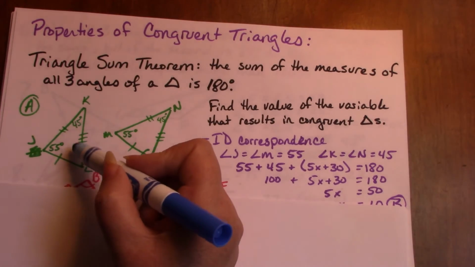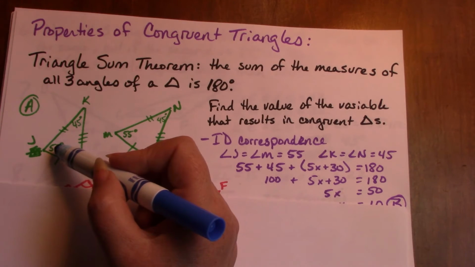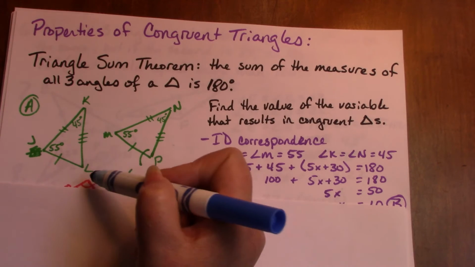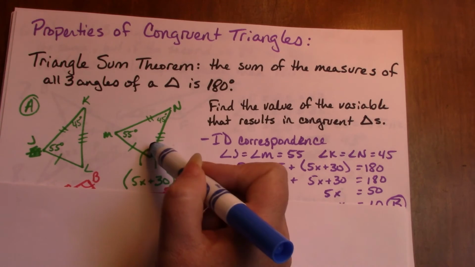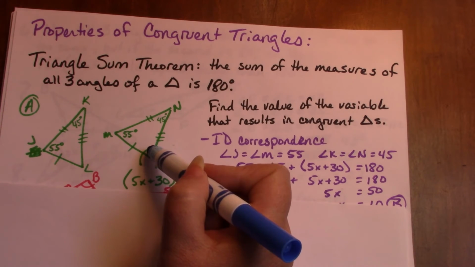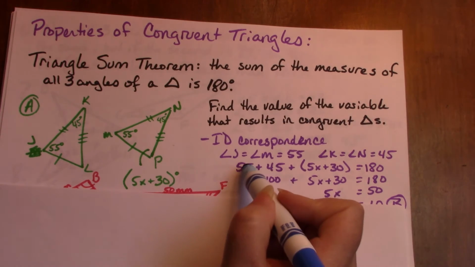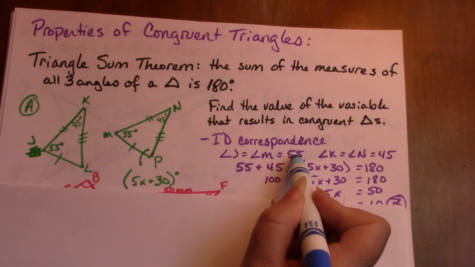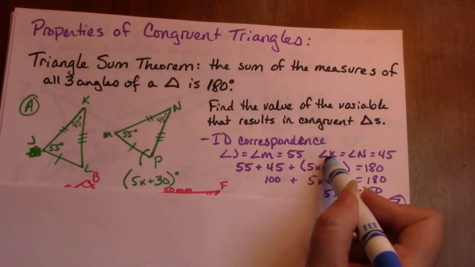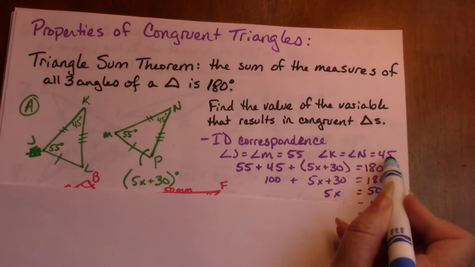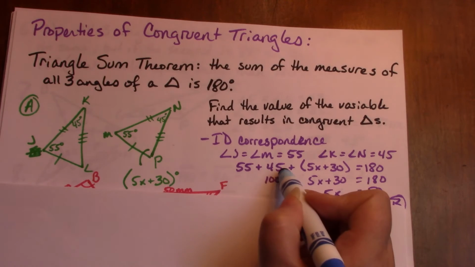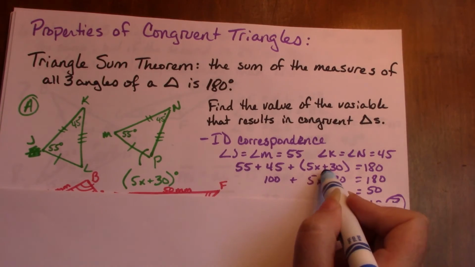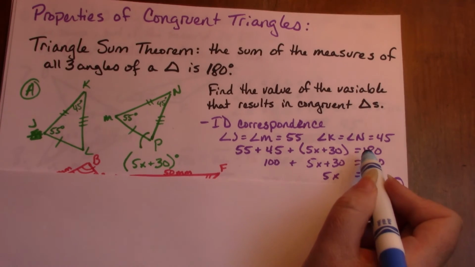So we know that if we said 180 minus 55 minus 45 will give us this angle. So we know that angle J equals angle M, which is 55. We know that angle K equals angle N equals 45. We know that 55 plus 45 plus whatever this third angle is going to equal 180 degrees.